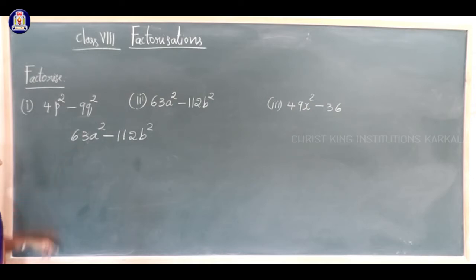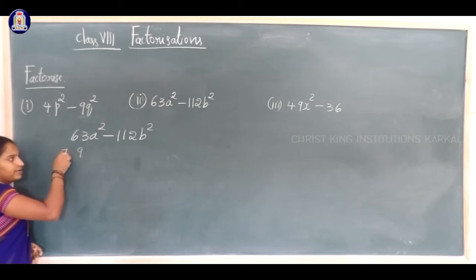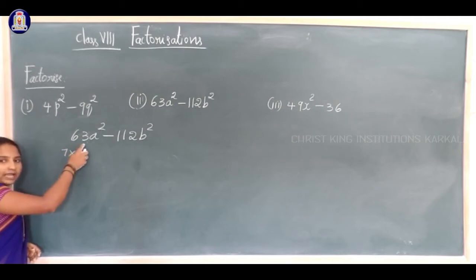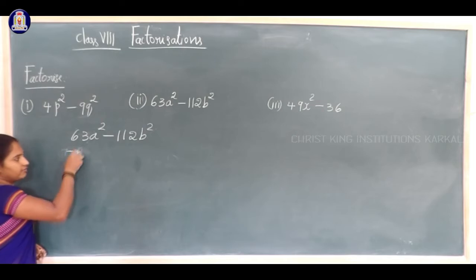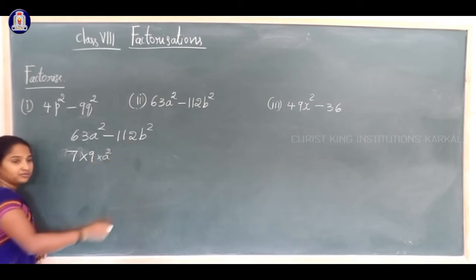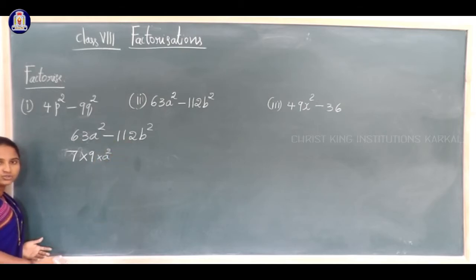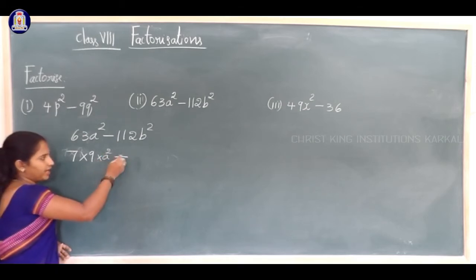So 7 divides 63. 7 nines are 63, so 63 can be written as 7 into 9. Clear? 7 into 9 a square. No need of writing a square as a into a, because in the second term there is no a, no same variable. So write it as a square minus.